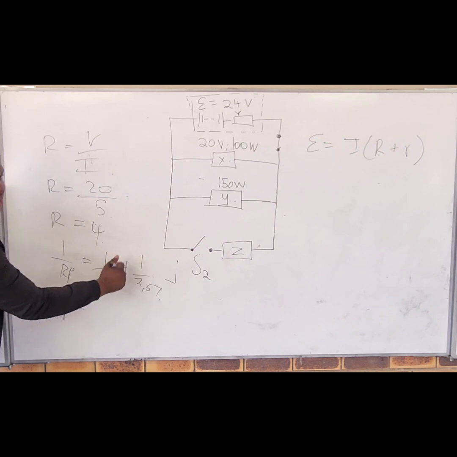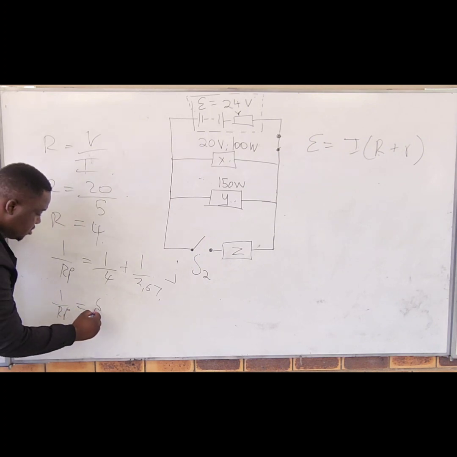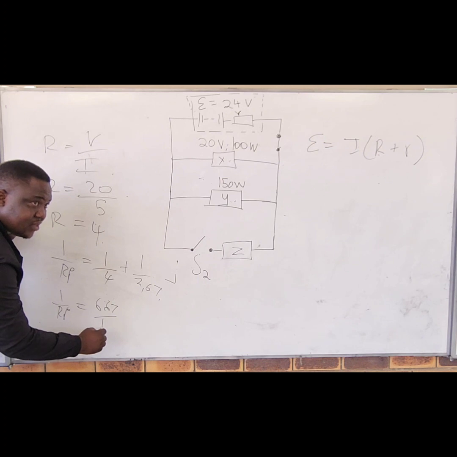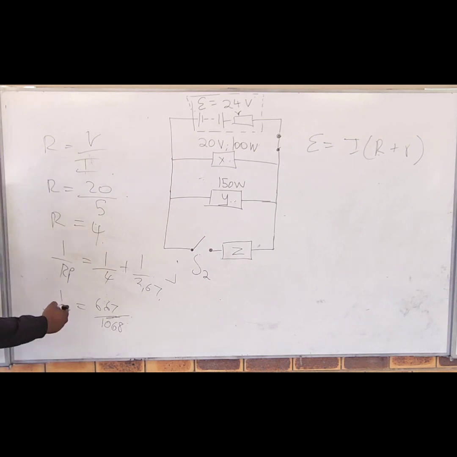When we punch this on the calculator, what do we get? Cross multiply, denominators multiplied together. We'll get 667 divided by 1,000, 1068. But this value is very big, but it is correct.